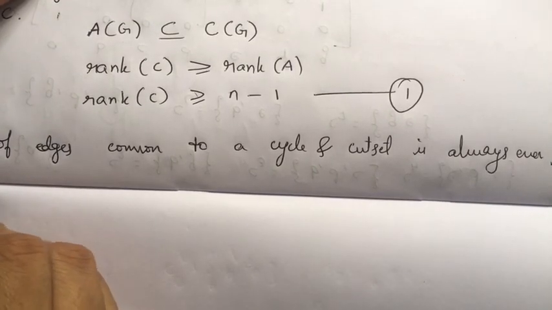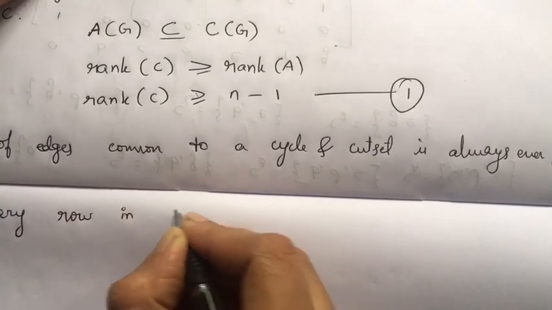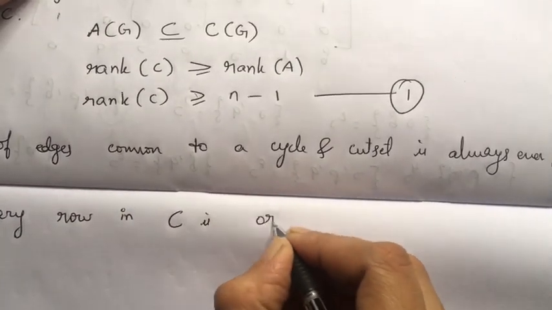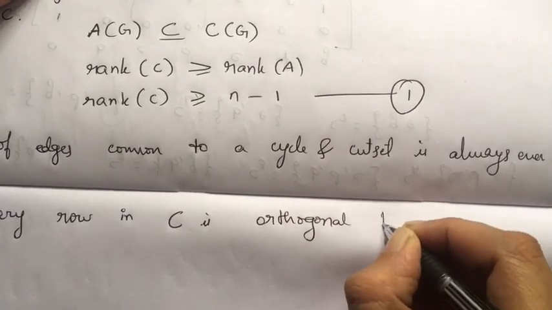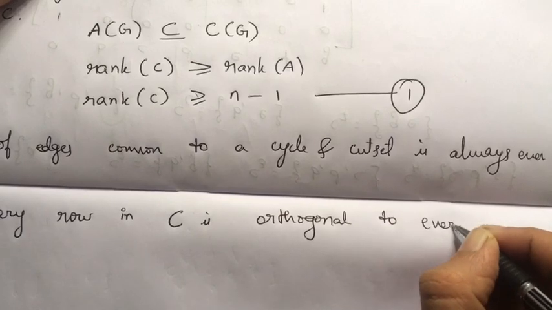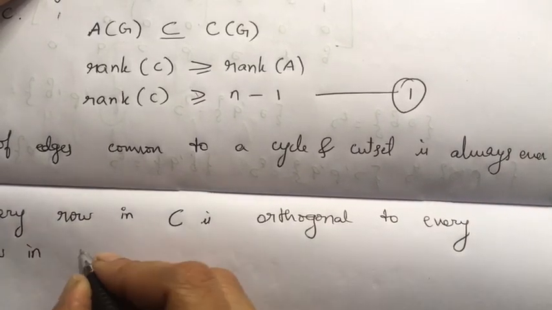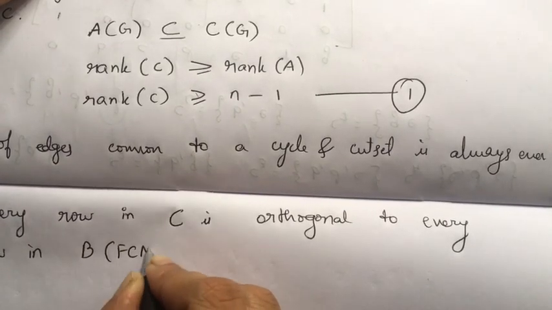Therefore, I can write that every row in the cut set matrix is orthogonal to every row in the fundamental cut set matrix.